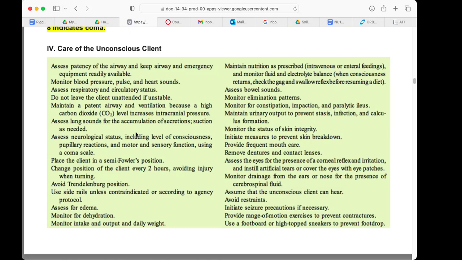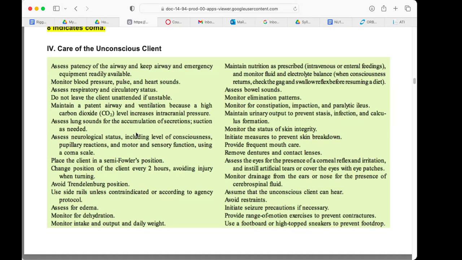If the client is unstable, don't leave them alone, and that's for any patient. So any question you get and the patient is unstable, whether it's unstable vital signs or unstable respiratory status, you do not leave them alone. You can call for help to come to you, but you don't leave the patient.